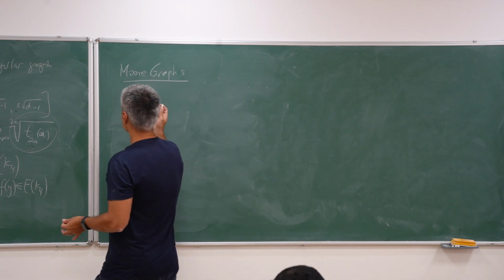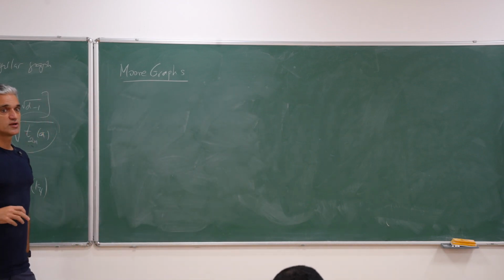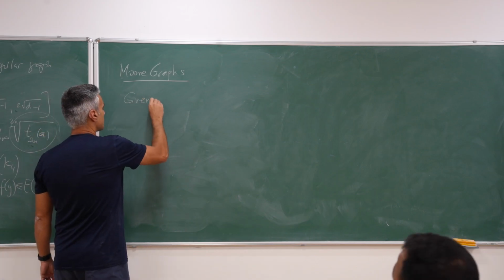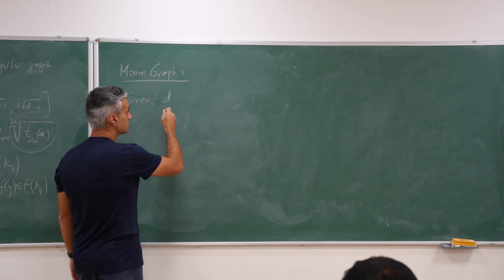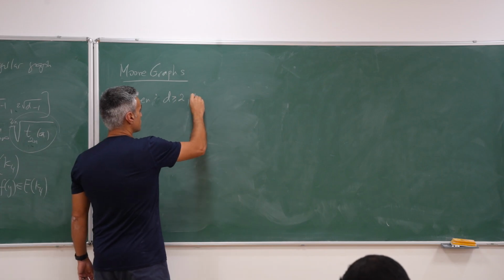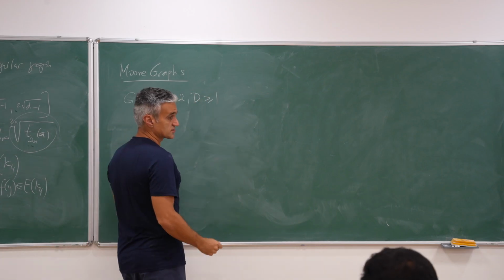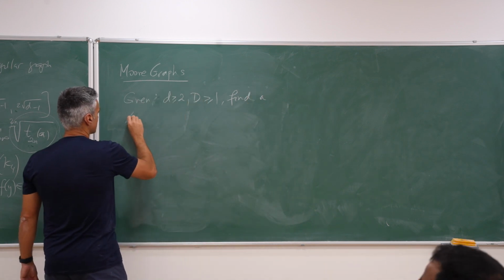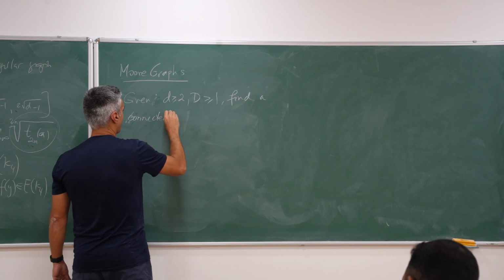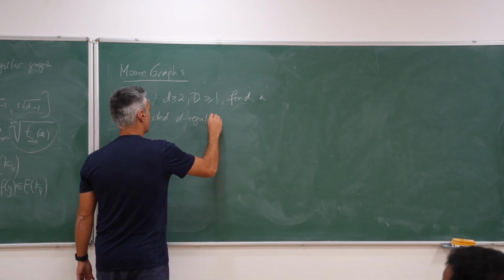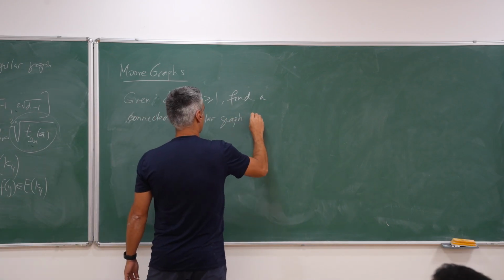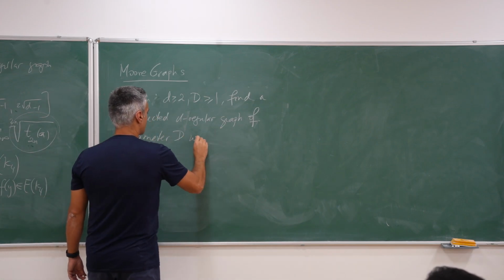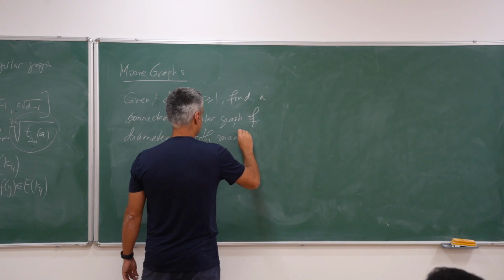So Moore graphs, this problem was studied by Moore in the 1950s, and what was the problem? You are given two numbers, the degree d greater or equal to 2, and capital D, which is a diameter. Find a connected d-regular graph of diameter D with maximum number of vertices.